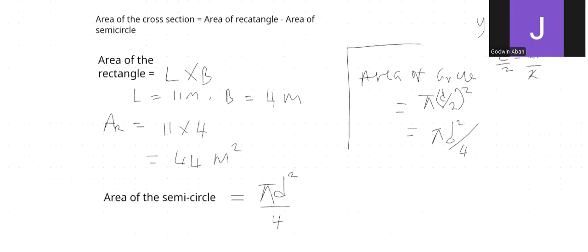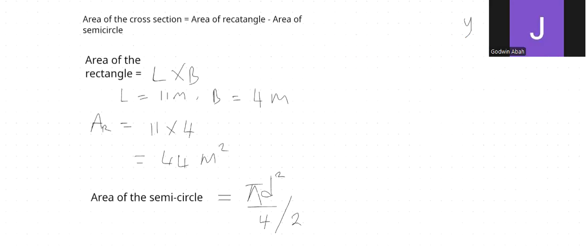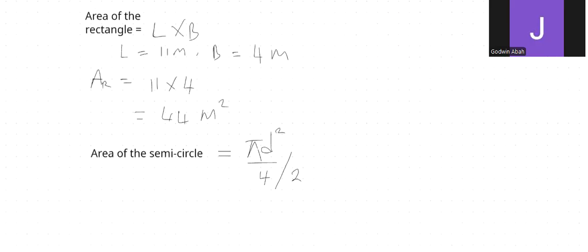Okay, so when you simplify this further, you're going to have pi D squared all over 8. So this is the area of the semicircle.